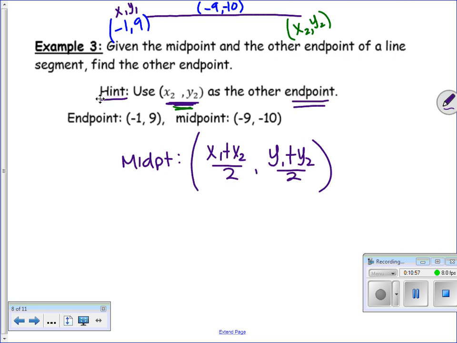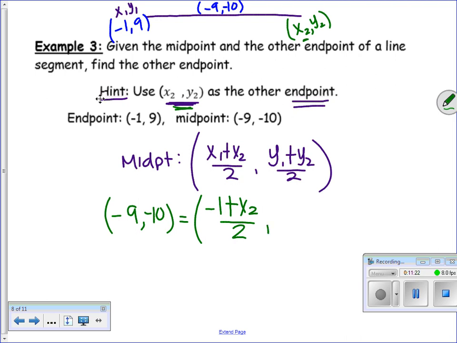From here, I want to plug in what I know. I know the midpoint is at -9, -10. So I have my midpoint. This is going to be equal to, and we have to plug in the information for the work. So x sub 1, in this case, is -1, plus my x sub 2, because I don't know the x sub 2, right?